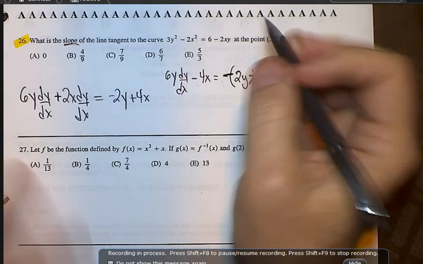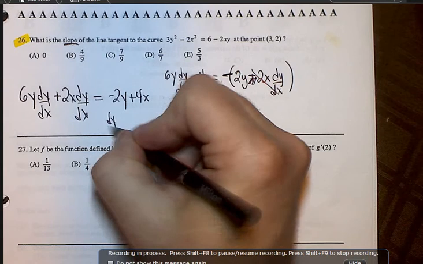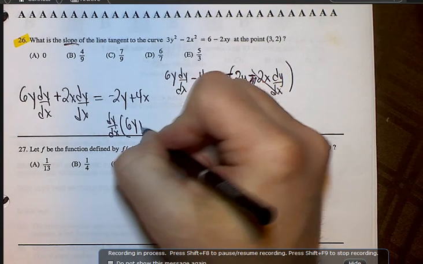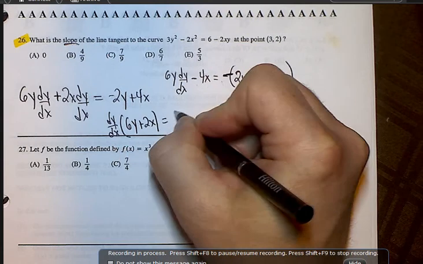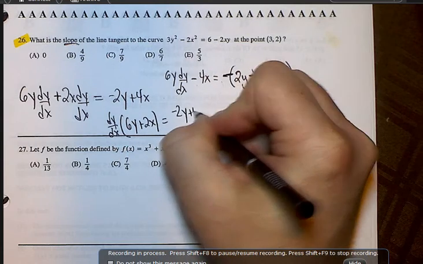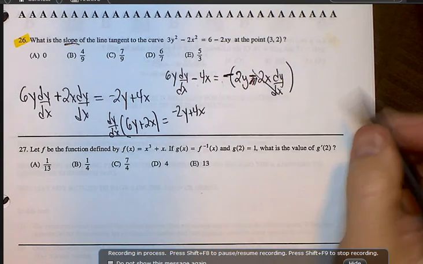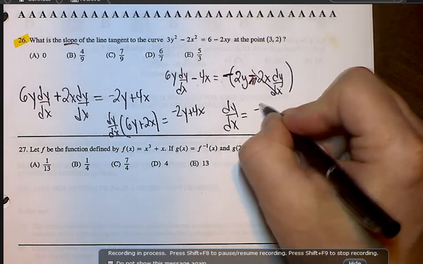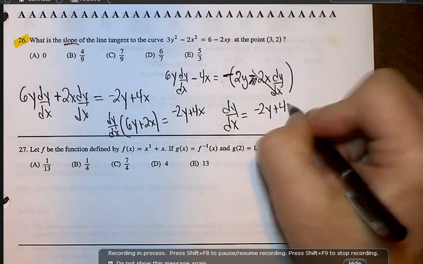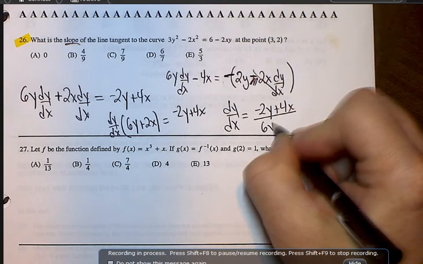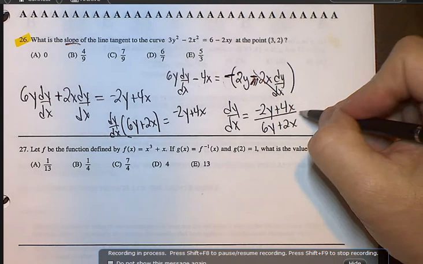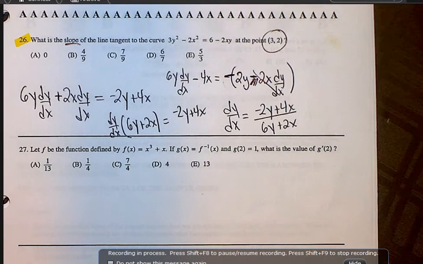I'm going to factor out a dy/dx, so I have dy/dx times (6y plus 2x) equals negative 2y plus 4x, and then divide both sides by that, so dy/dx is going to equal negative 2y plus 4x, all divided by 6y plus 2x. Now that's the slope, this is what m is, but they're interested in the slope at x equals 3 and y equals 2.